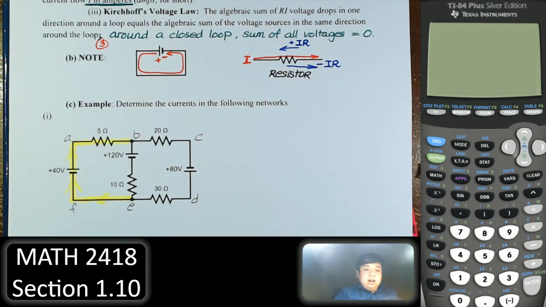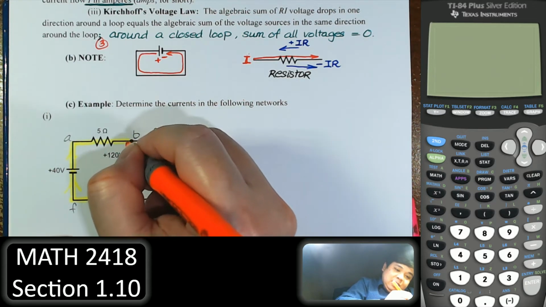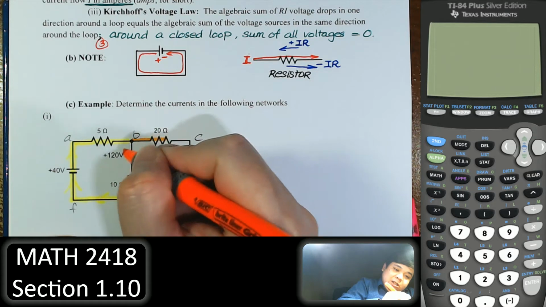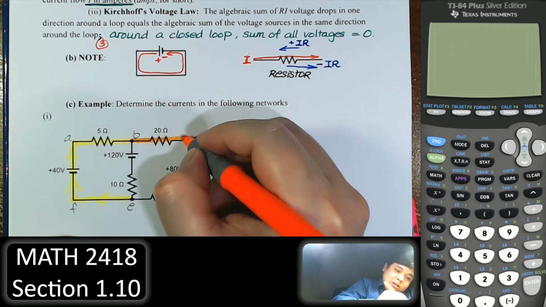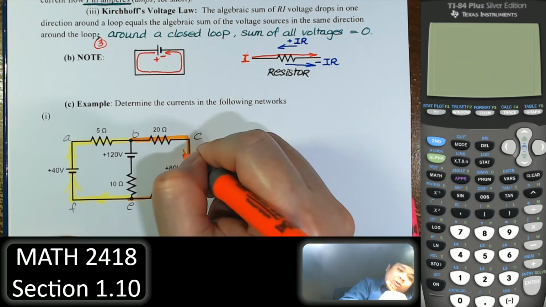So that is the current on the first part. The second is the current in the loop BCDE, and let's say it goes in this direction.